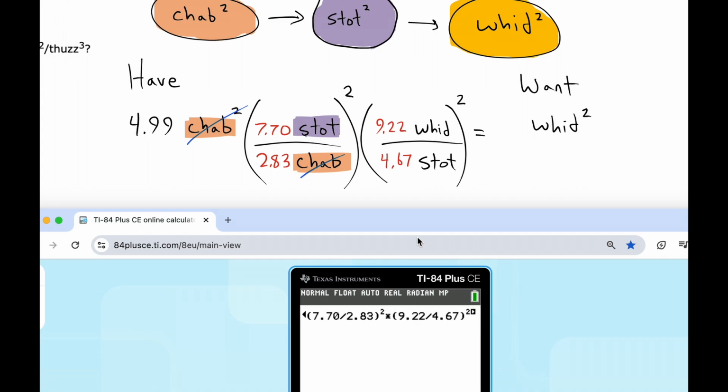This would be squaring the conversion factors. I get 143 or 144. Another way of entering it would be to square the individual numbers.